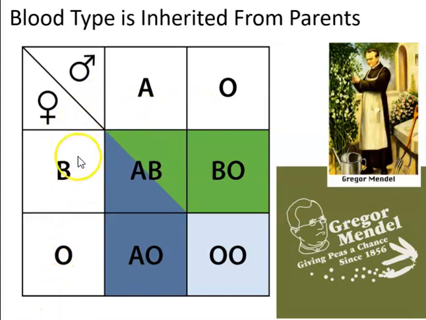So again, we use a Punnett square to find out the different combinations of blood types, and we see that there's a 25%, or 1/4, chance the child might have type AB blood, and 25% that the child could have type O blood, and then another 25%, 1 out of the 4, that the child could have type B, but be heterozygous for type B, and type A blood being heterozygous for type A.